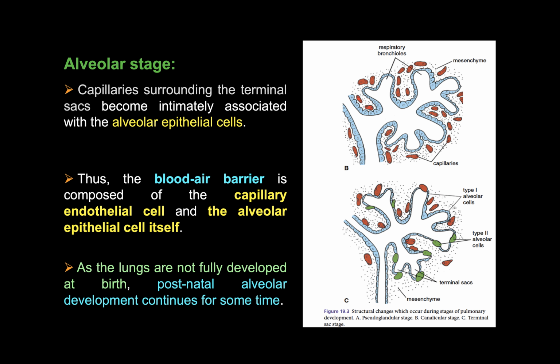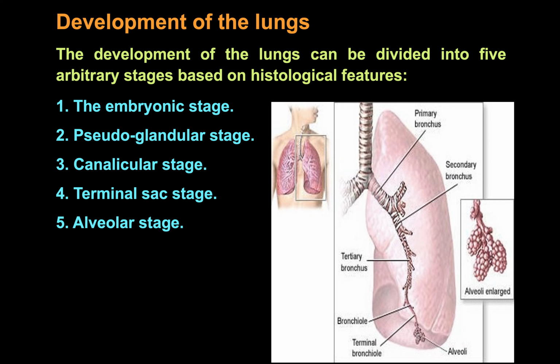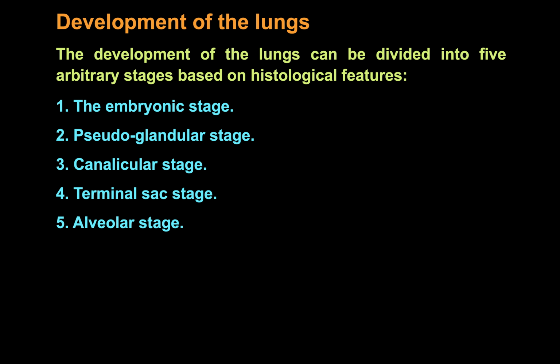And this is the last stage of the development of the respiratory system. So if we go back, there are 5 stages. We have the embryonic, we have the pseudo-glandular stage, we have canicular, we have the terminal sac stage, and finally we have the alveolar stage.